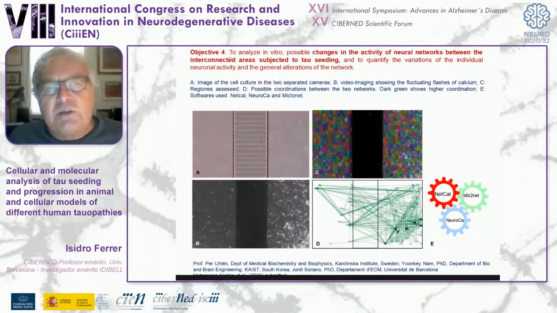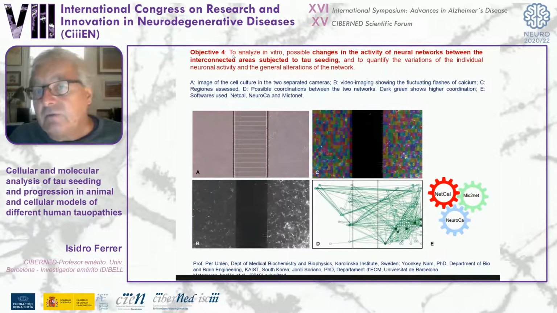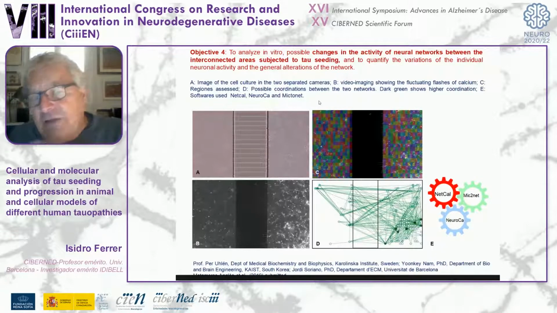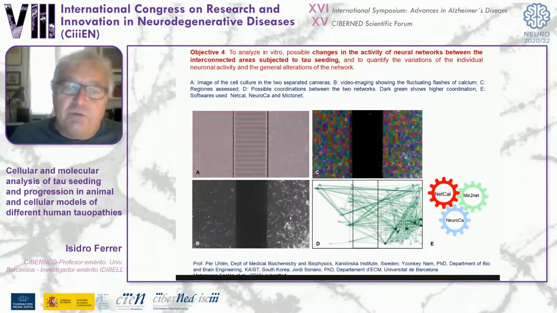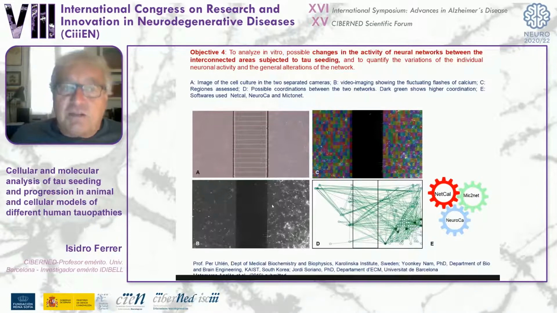This is the objective 4, and this was to analyze the changes in the activity of neuronal networks between interconnected cells. So the devices that I have shown at the beginning of the talk are these ones, but here what we have used is the study of movements of calcium.